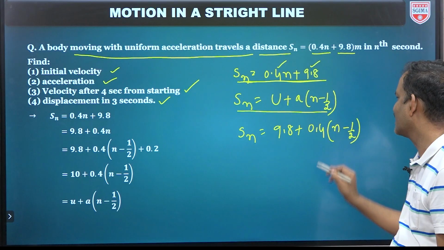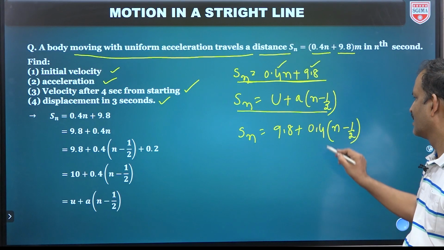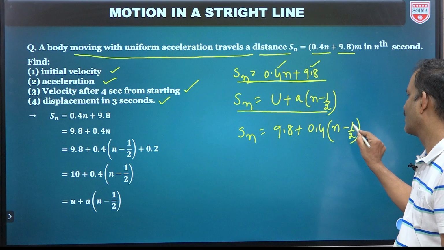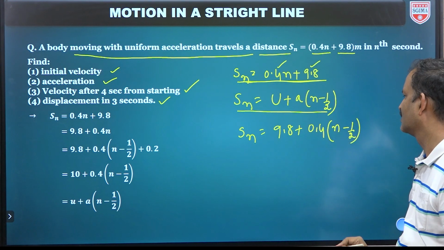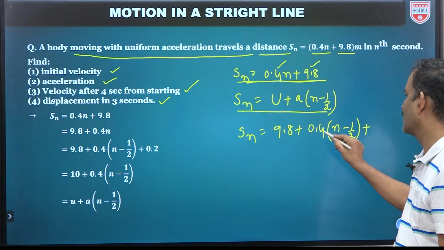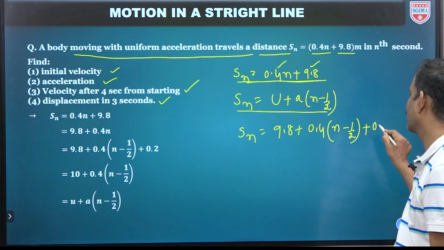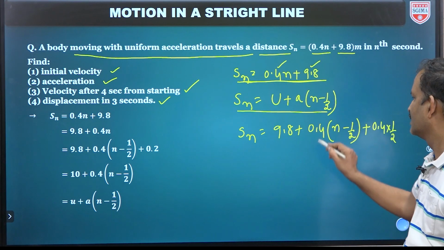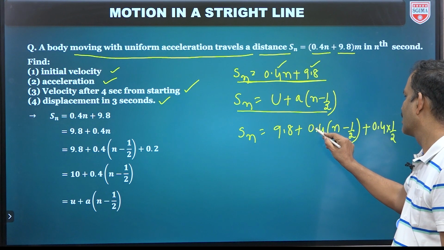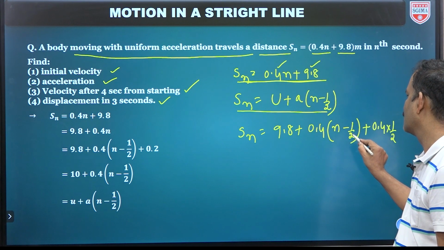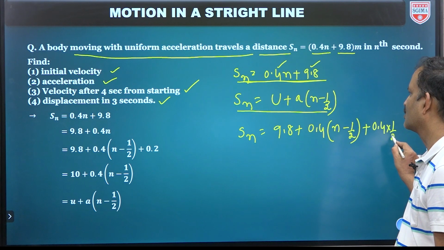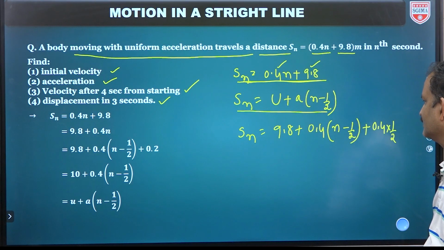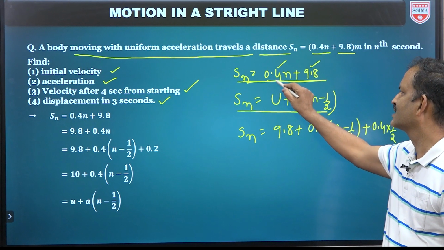Actually, this extra term is not there, so I wrote 0.4 into minus 1 by 2, and we have to add 0.4 into 1 by 2. Then 0.4 n minus 0.2 plus 0.2, these two will cancel, and you will get the same form as it is.